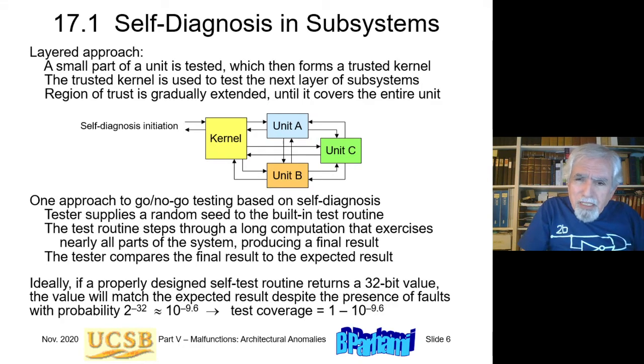Okay, so this is basically the idea of self-diagnostics and mutual diagnosis. So mutual diagnosis between kernel and unit A may involve the kernel sending a seed to unit A, receiving a result, and then judging the health of unit A based on the received outcome.